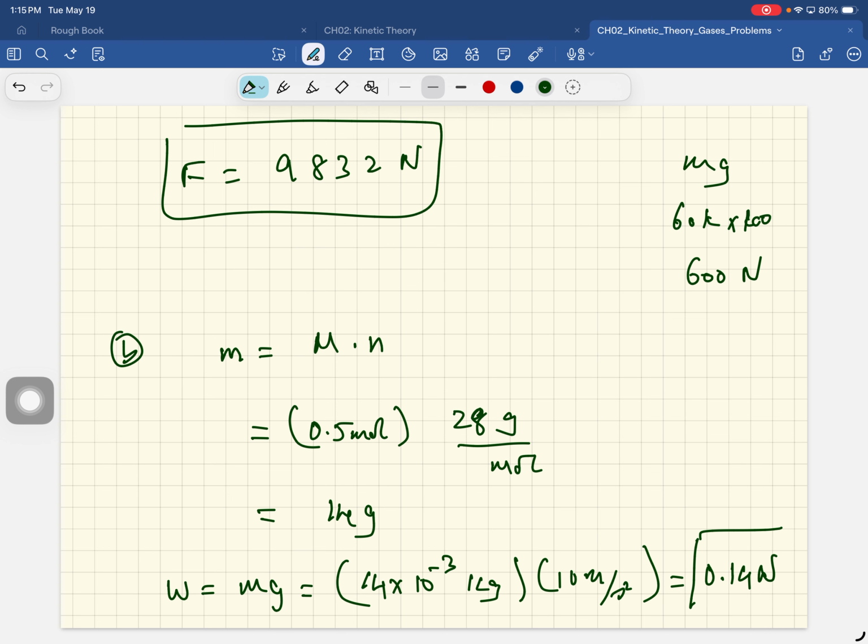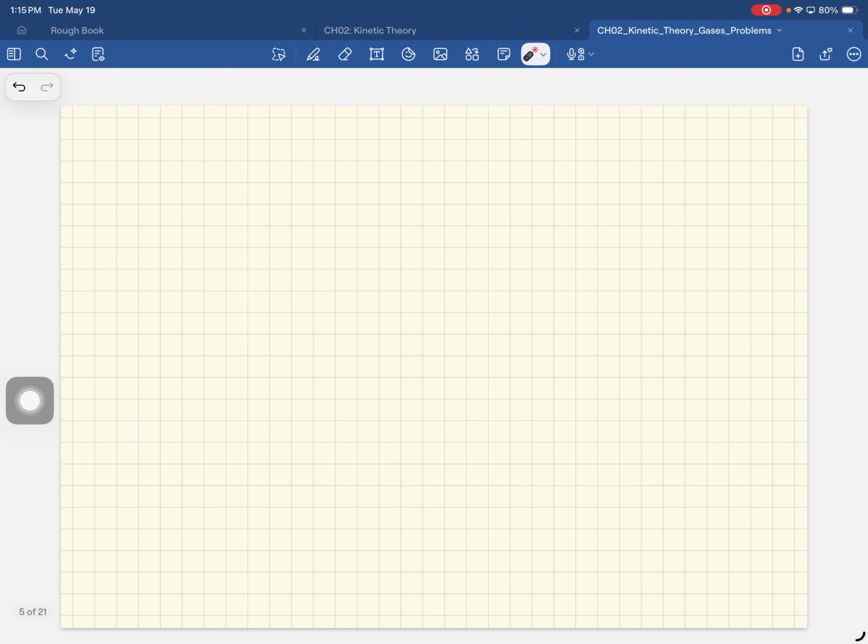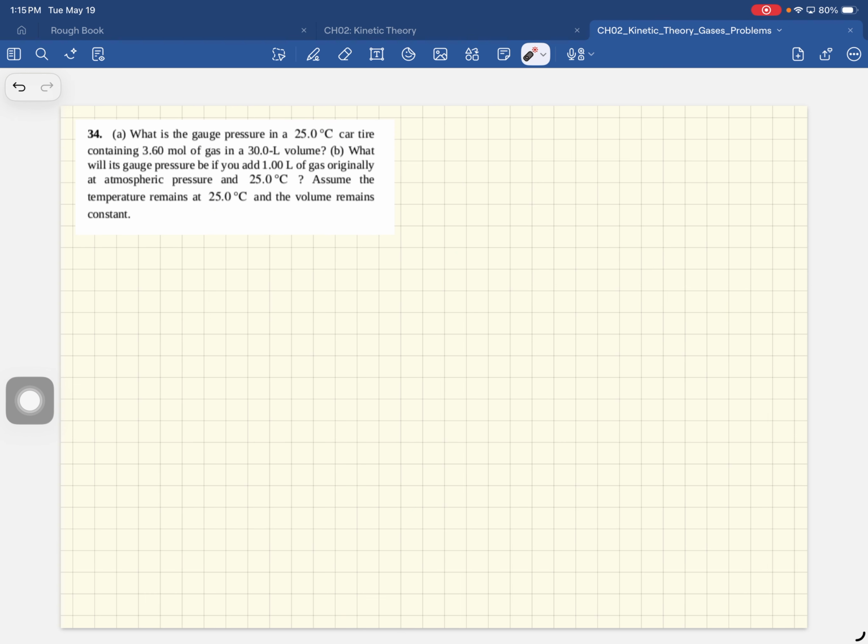See, the new pressure is nu, the number of moles, RT divided by V. And we'll assume the temperature remains constant and the volume remains constant. So when you add the air, it gets compressed and the volume of the tire didn't change, is what they're saying.